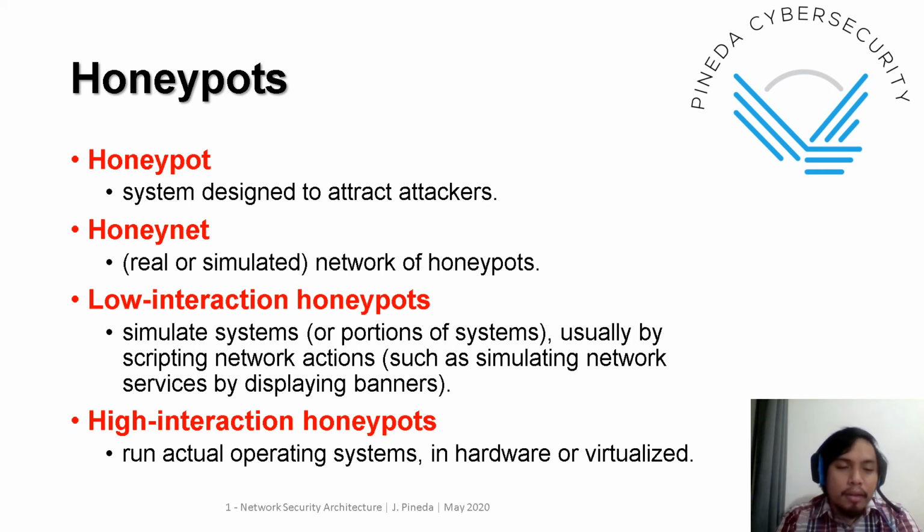And then there's also low and high interaction honeypots. Low interaction honeypots simulate systems or portions of systems, usually by scripting network actions, such as simulating network services by displaying banners. So these are what we call low interaction honeypots. And we have high interaction honeypots, which run actual operating systems in hardware or virtualized.